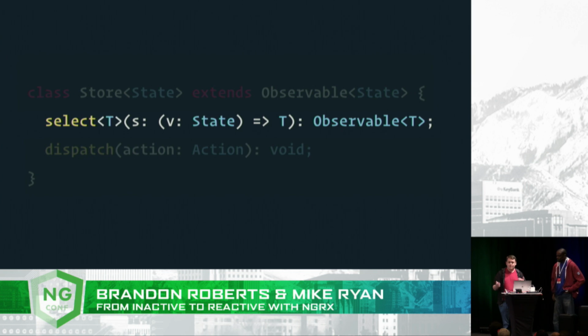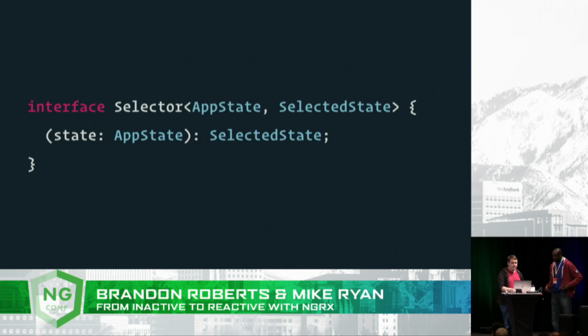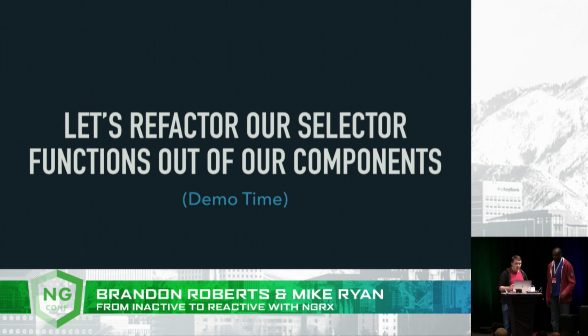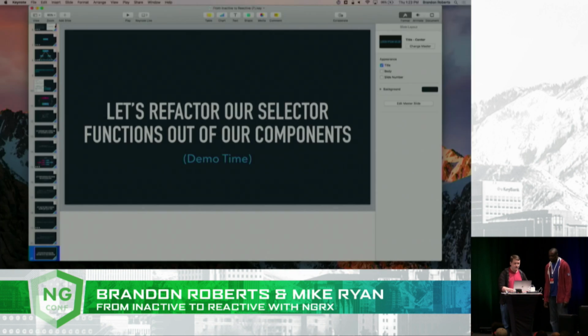So instead of having them implement those select functions, we're going to refactor those out into selectors. And a selector is a function that takes app state and returns some selected state. And by refactoring these out into functions that we can share across components, we're reducing the responsibility of our components, and we can share them across our entire application. So let's refactor those selector functions out.